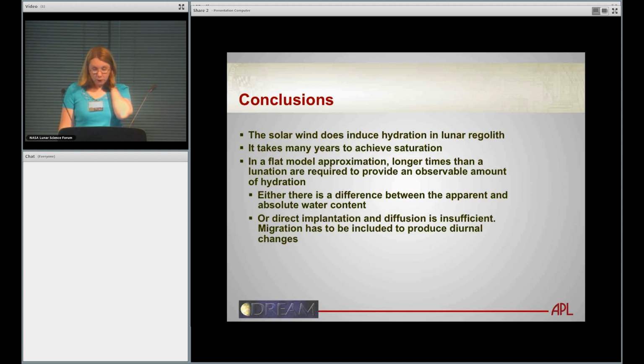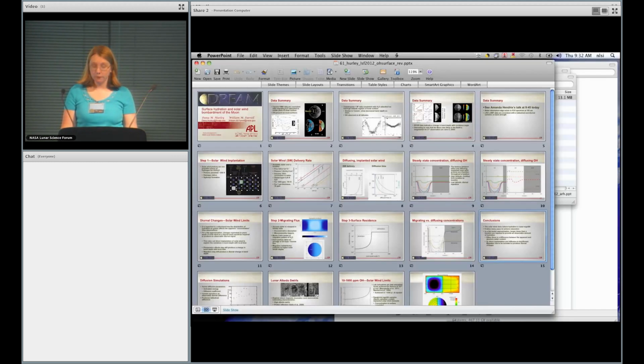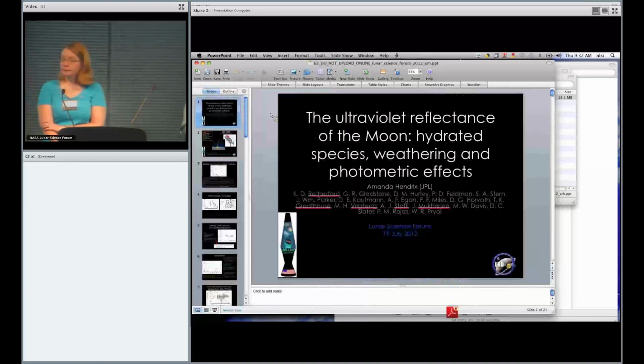So either there's a difference between the apparent and the absolute water content from the observations, or direct implantation and diffusion is insufficient and migration has to be included to produce a diurnal signal. So, thank you. We have time for questions.